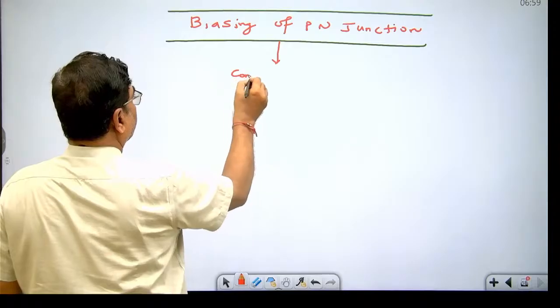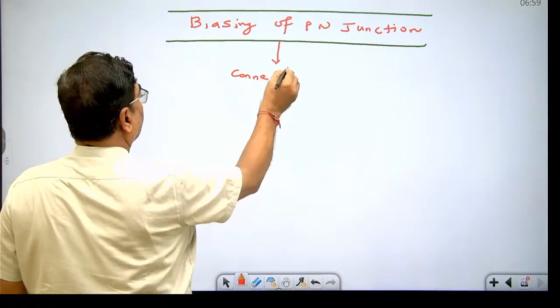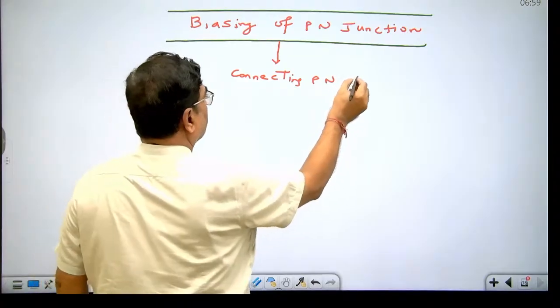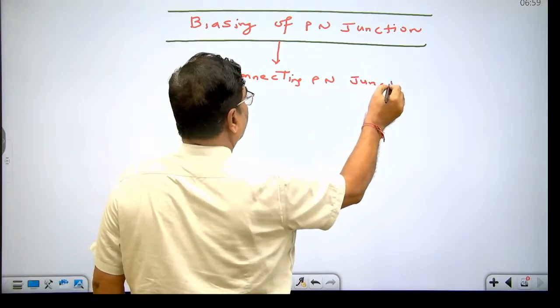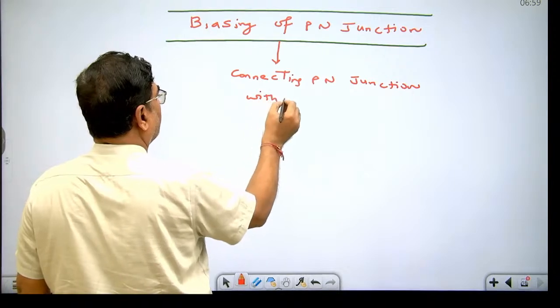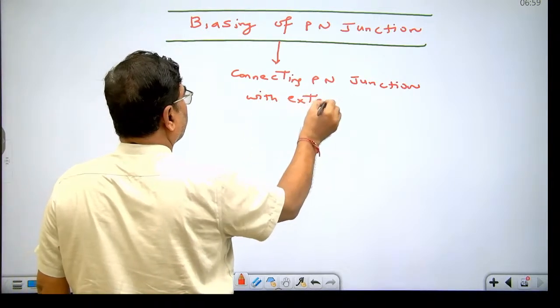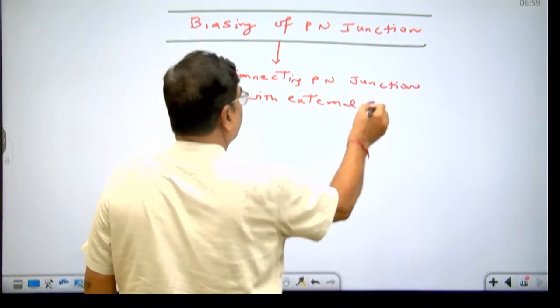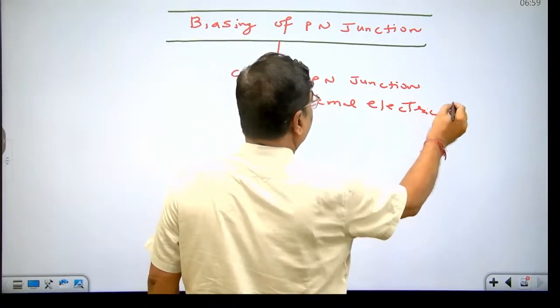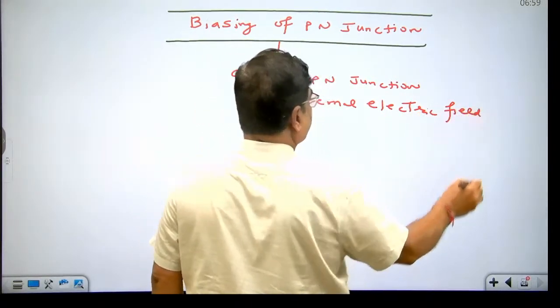Connecting PN junction with an external electric field is called biasing.